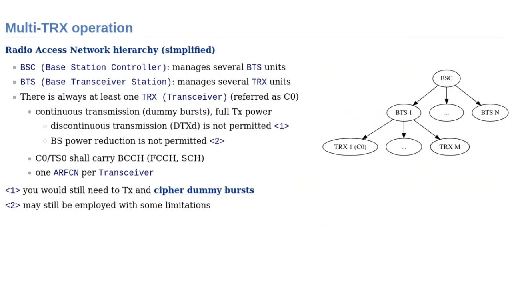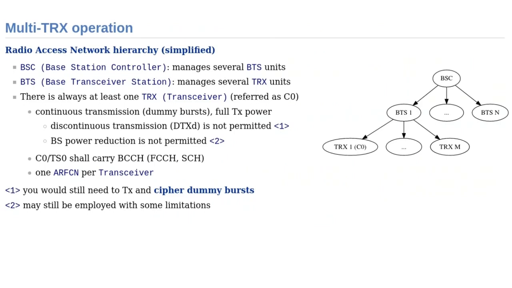The reason is that you want to allow the mobile stations to detect your base station, and you don't want it to happen that during the full power scanning, the mobile station quickly goes through the spectrum, and at that time you have nothing to transmit, so it will not detect you. That's why you cannot transmit discontinuously.